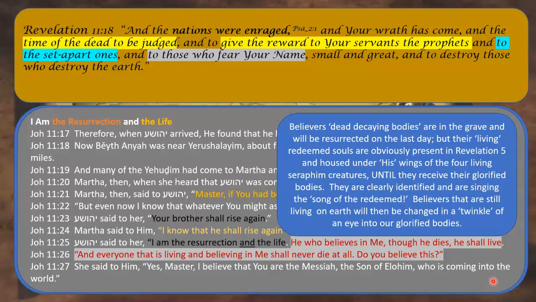They are clearly identified and are singing. They are singing the song of the redeemed. Believers that are still living on earth will then be changed in a twinkle of an eye into our glorified bodies.